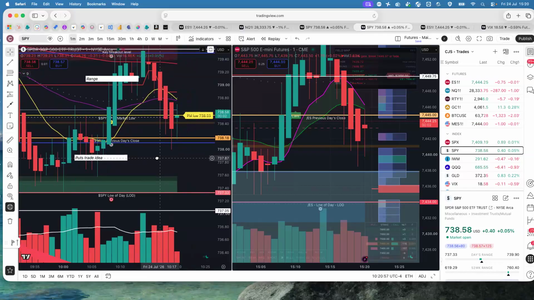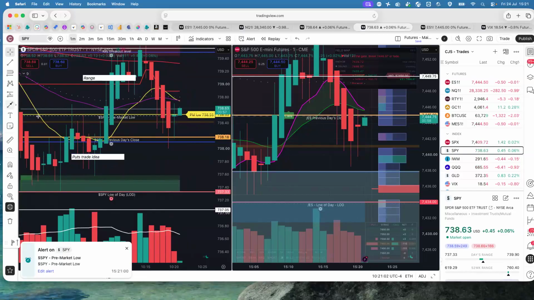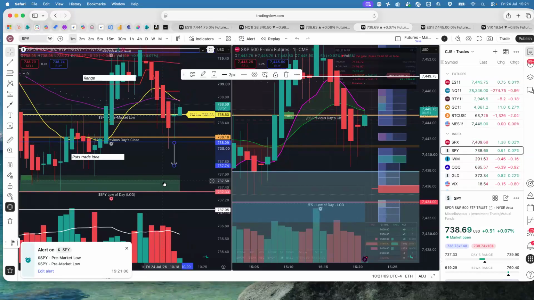Your trade idea starts below previous day close. When a candle comes and opens below this place, then you can track it, because you can see where buyers are sitting. Look at the buyers here.